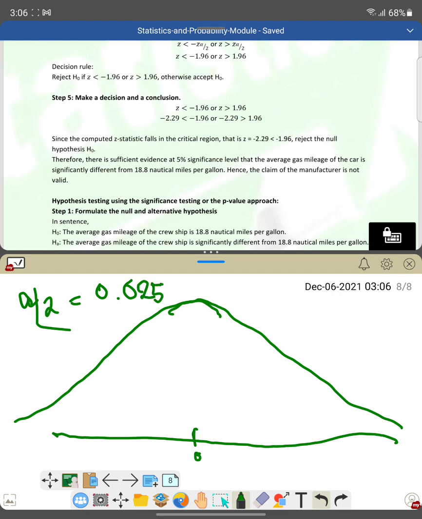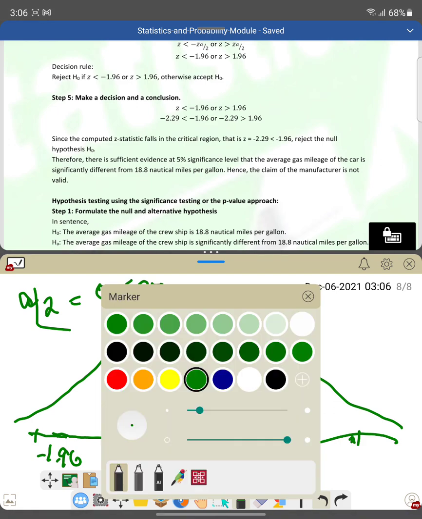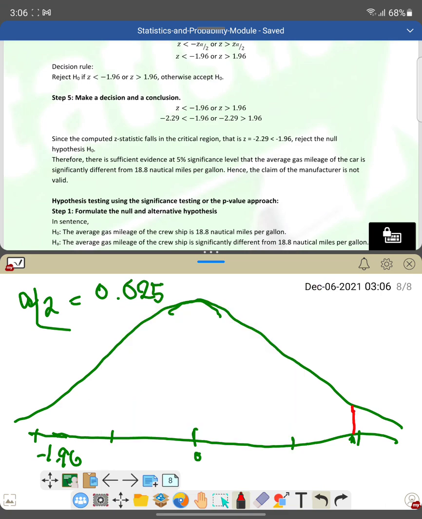So take note of what I have shown you. Your critical values are positive 1.96 and negative 1.96. Negative 1.96 is located in this part, and 1.96 also in this part. I am going to change the color for that.